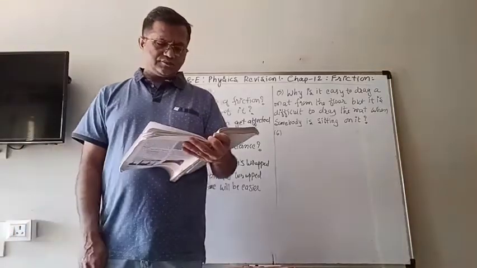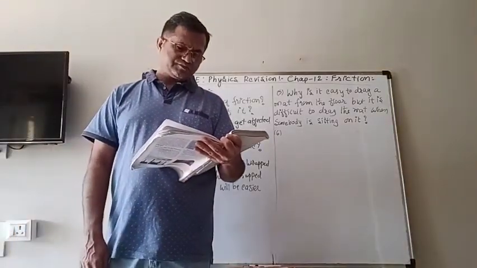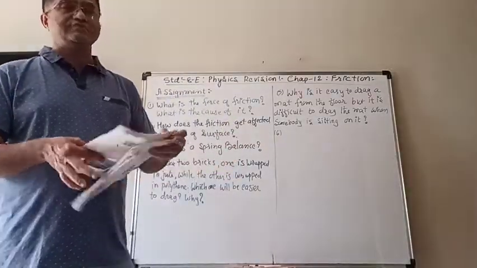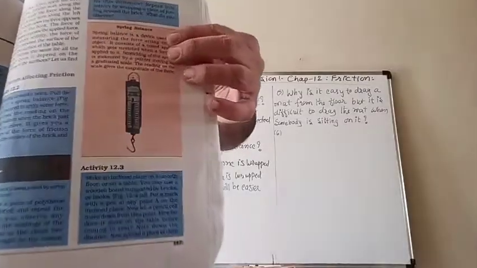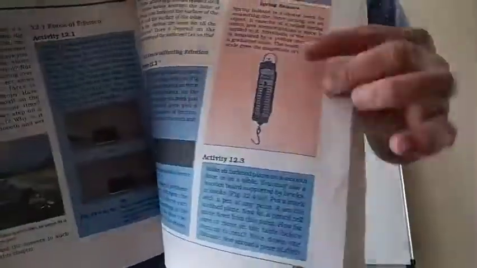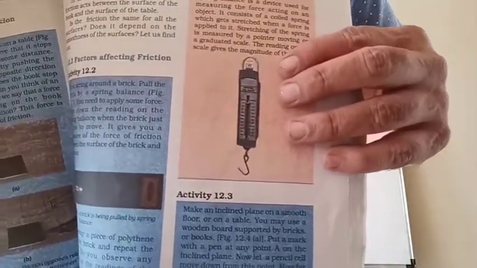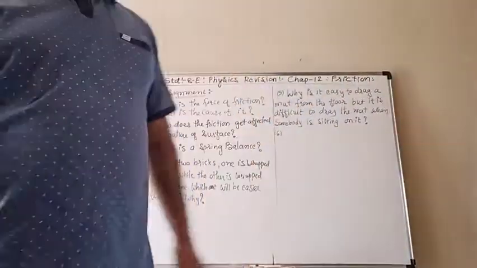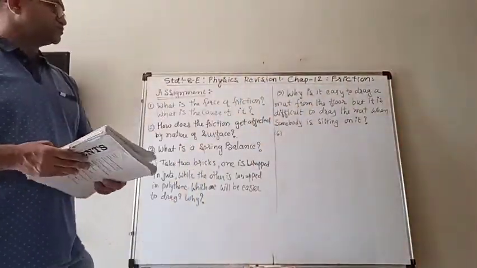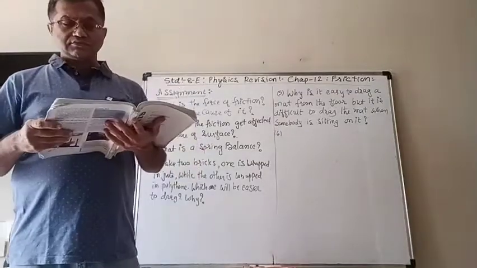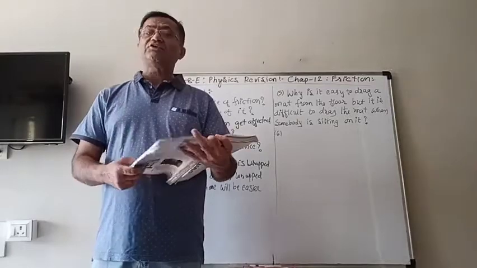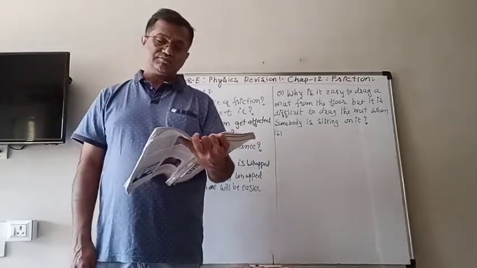For that, we have to use a spring balance. What is a spring balance? Maybe you have seen it used by those people who take your old newspapers and metal things, etc. A spring balance is a device used for measuring the force acting on an object.